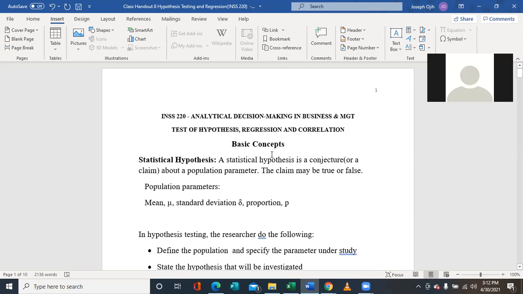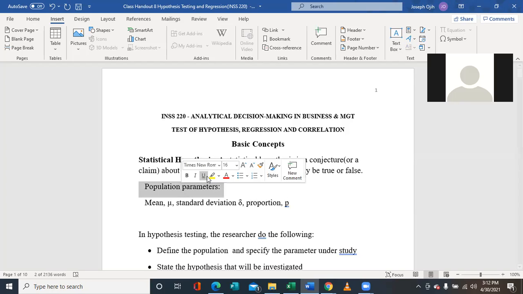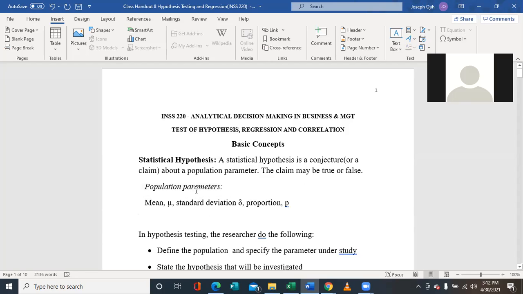So any claim we make about any of these population parameters is what we call hypothesis testing.